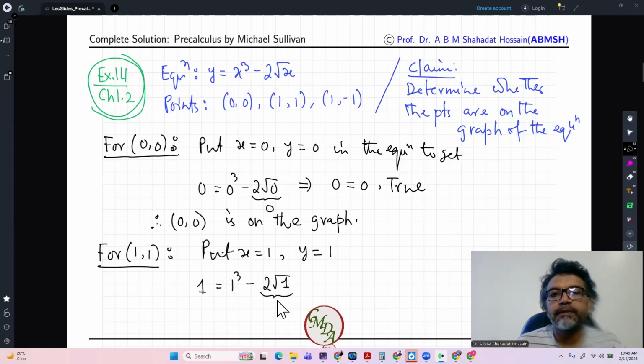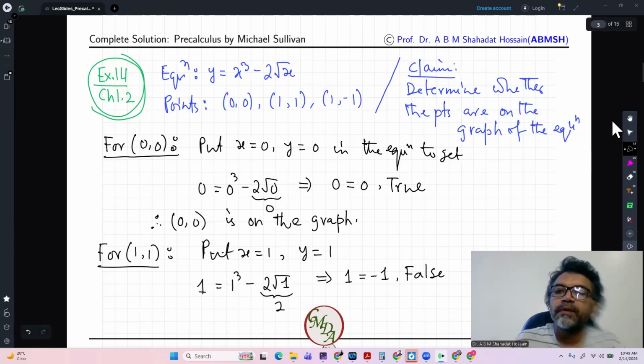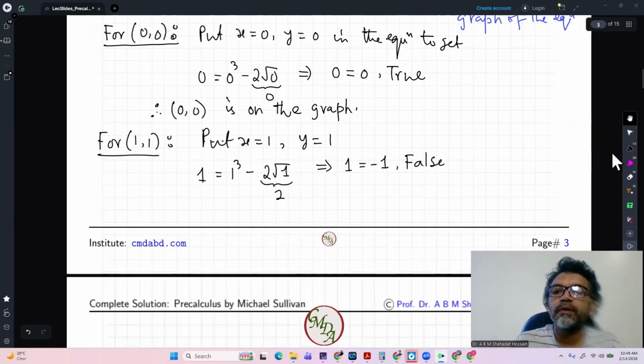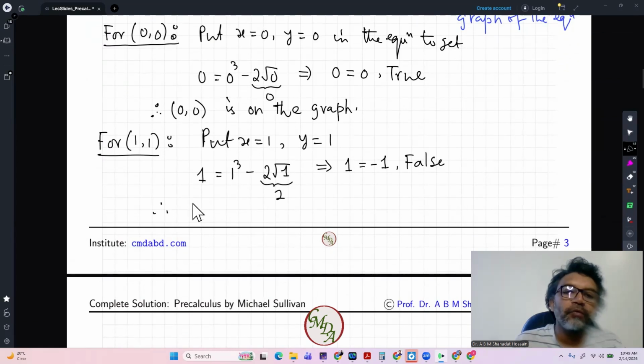Clearly this result is minus 1, so finally we get 1 equals minus 1, which is not true. This is a false statement. You can also say invalid, or absurd, but true or false is a good, very easy one. Therefore the point (1, 1) is not on the graph.